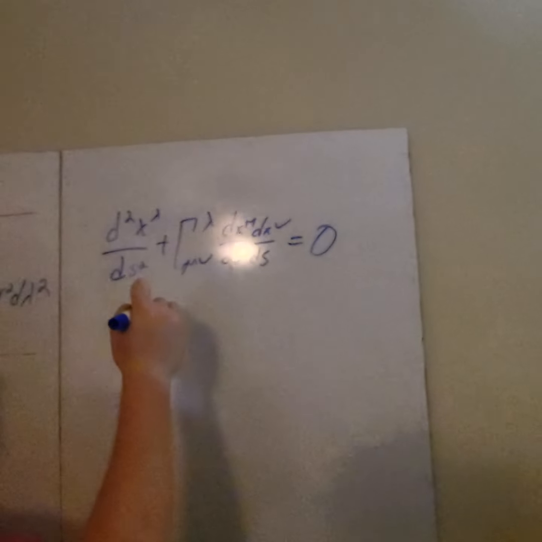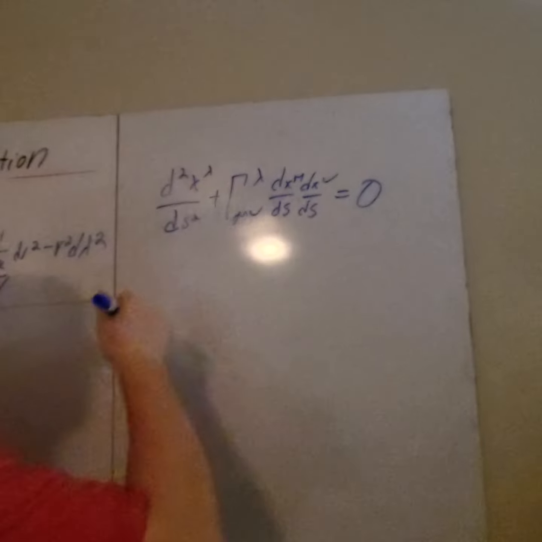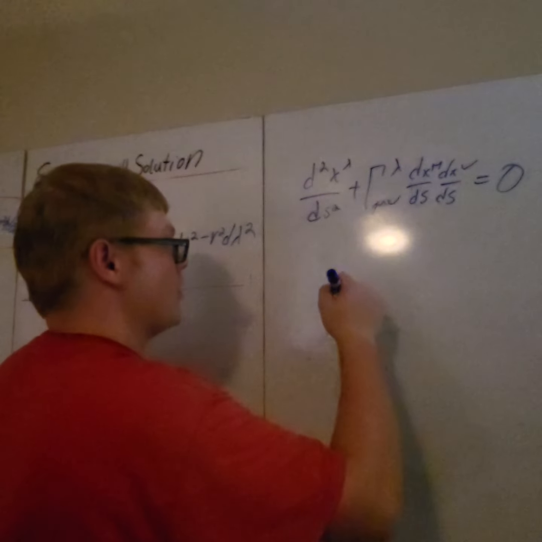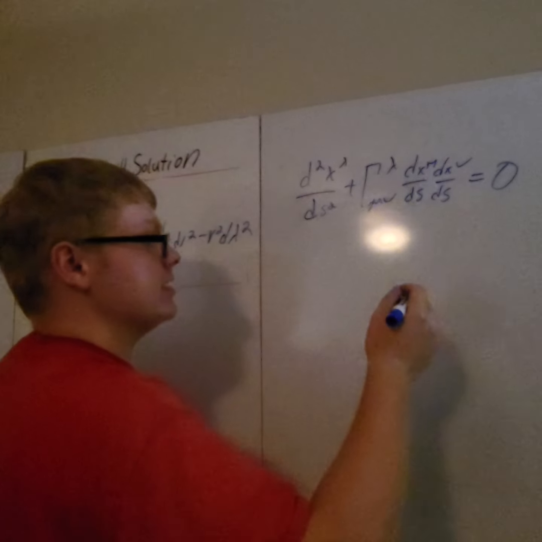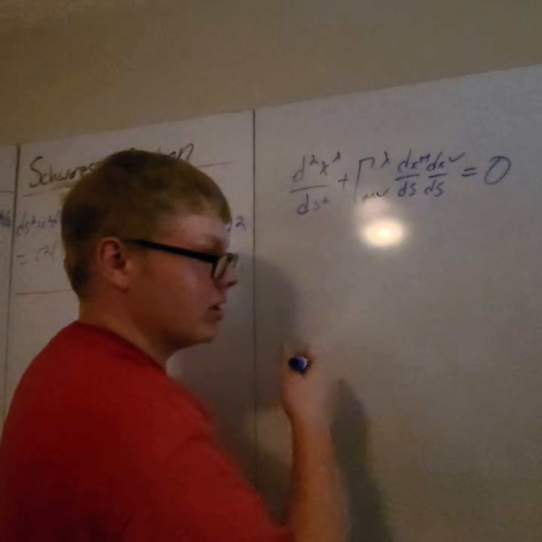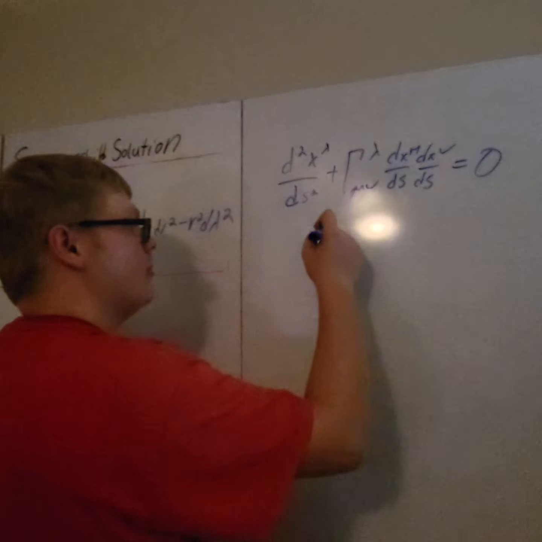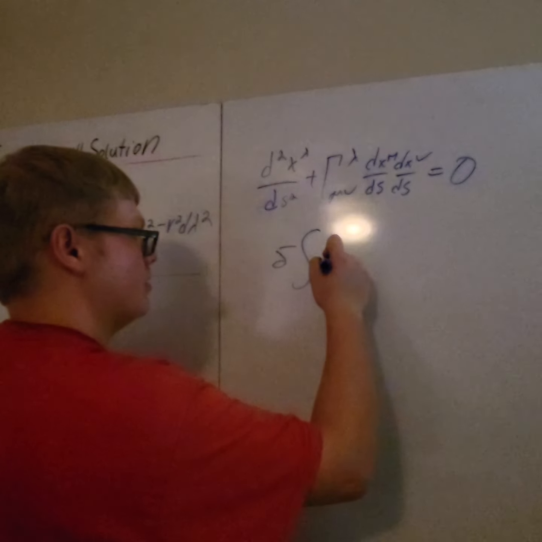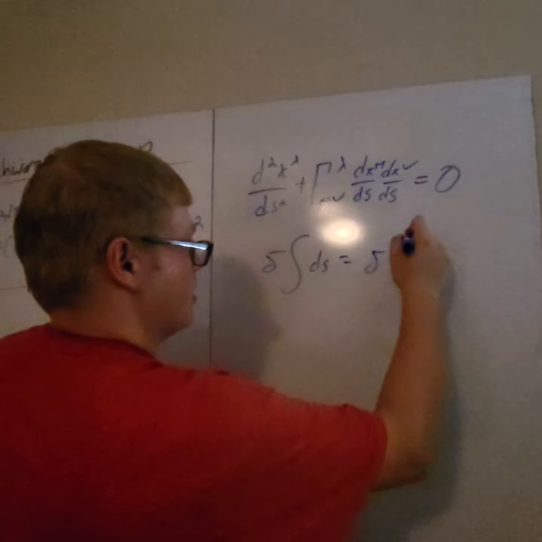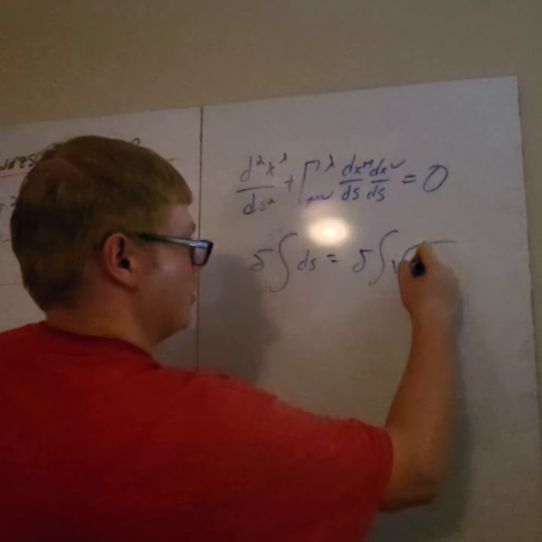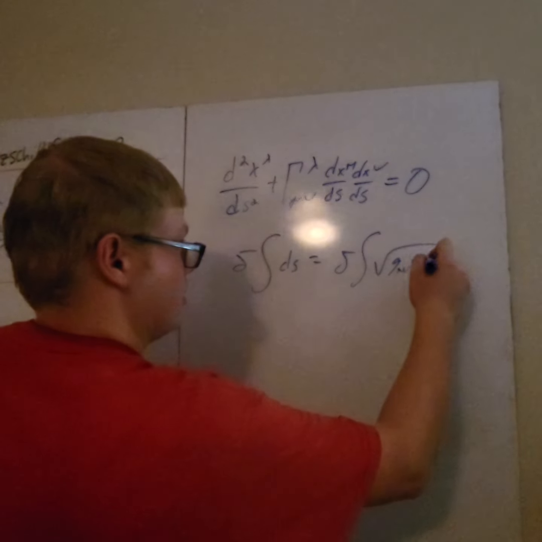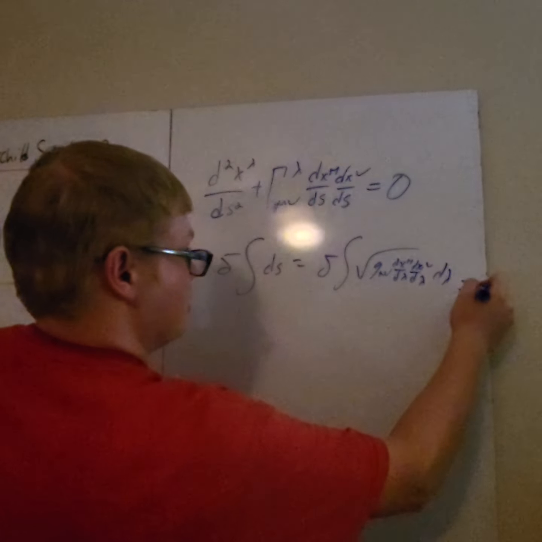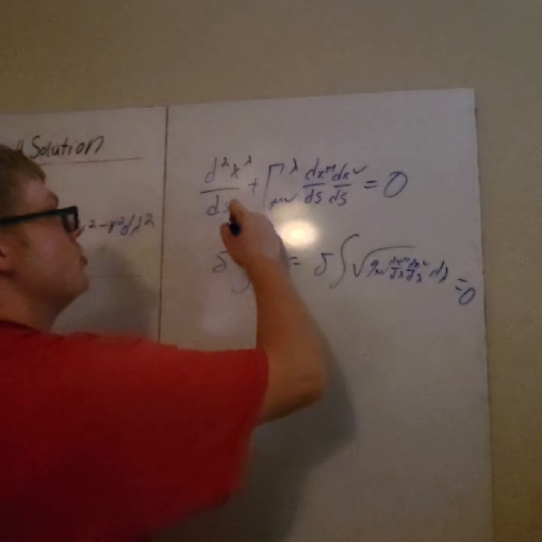So, this is actually found by... it's a very long, tedious calculation. It's based off the idea that the path taken is the one that minimizes the invariant interval. By varying this, you'll arrive at this equation.